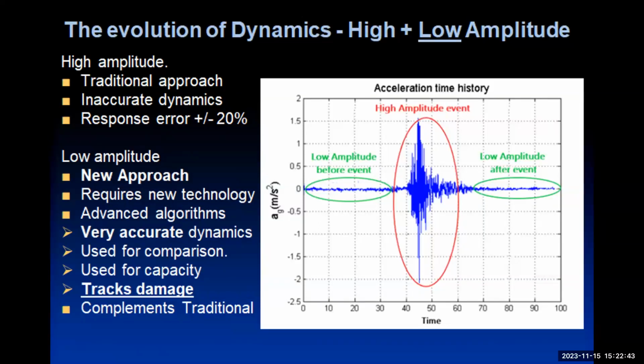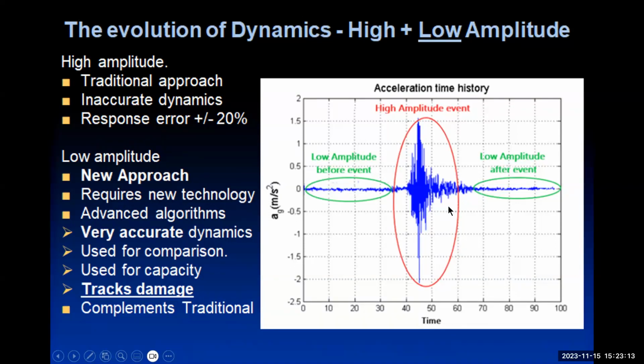So what we're doing here is taking a measure of an event occurring. This might be an earthquake or it may be a windstorm. And we can make a measurement before the event and after the event, and we calculate what the difference is, whether things have changed before and after.